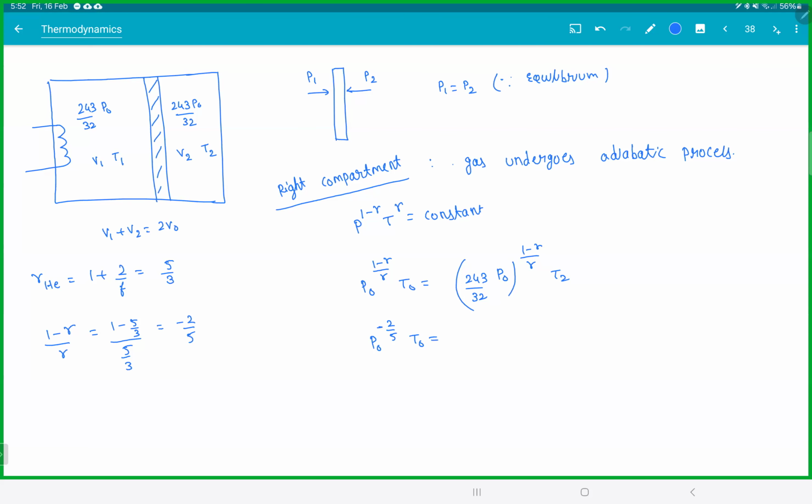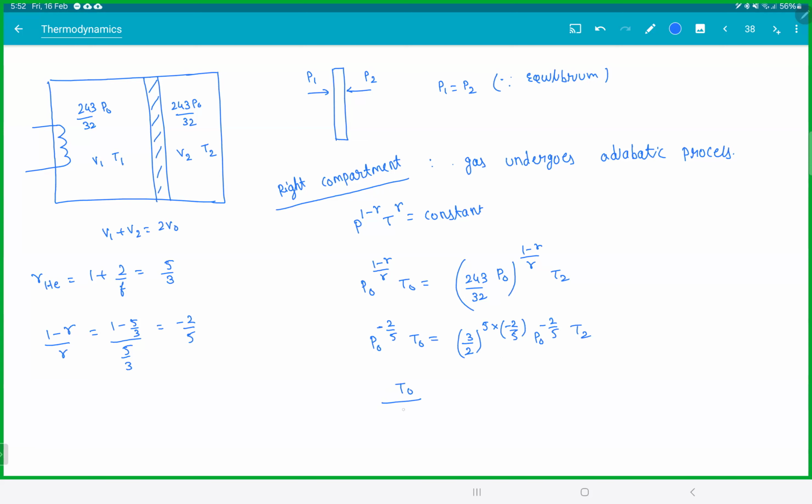243 is how much? 3 power 5, no? So it is 3 by 2 whole power 5, into the exponent minus 2 by 5. The 5 will cancel.